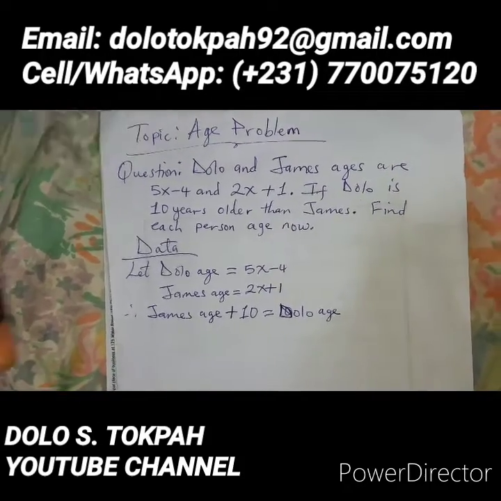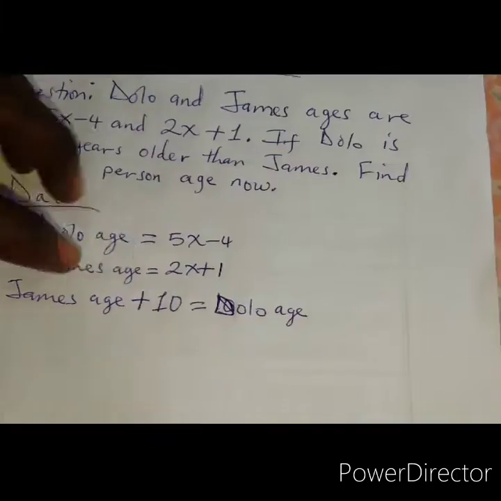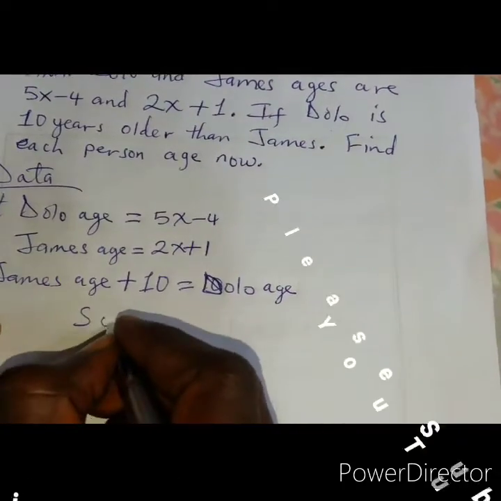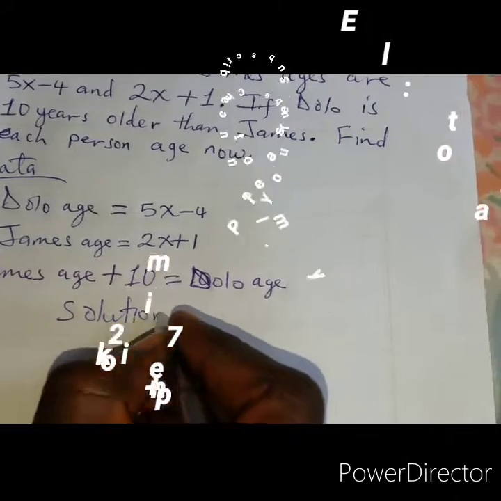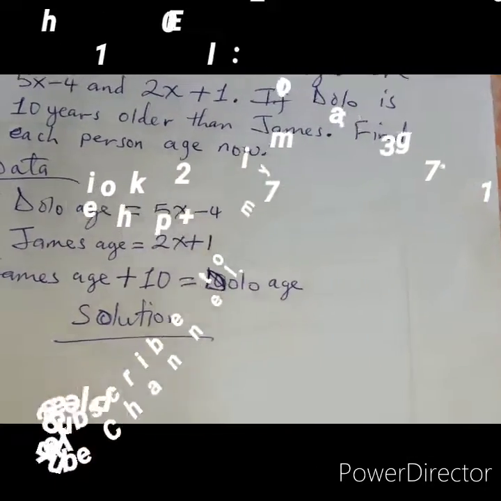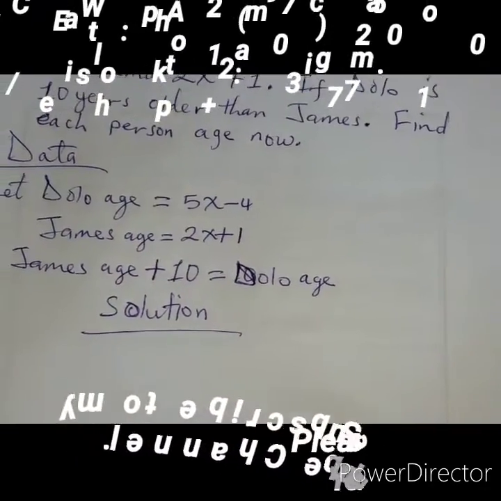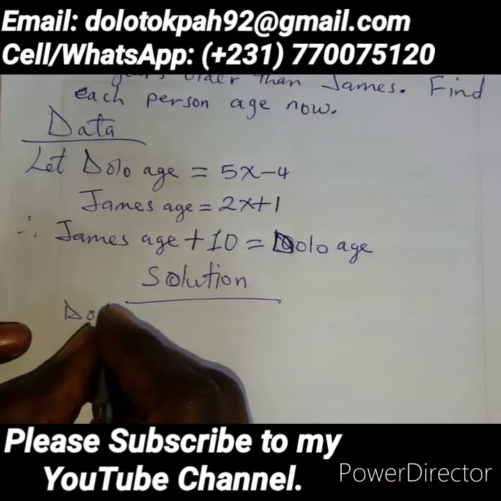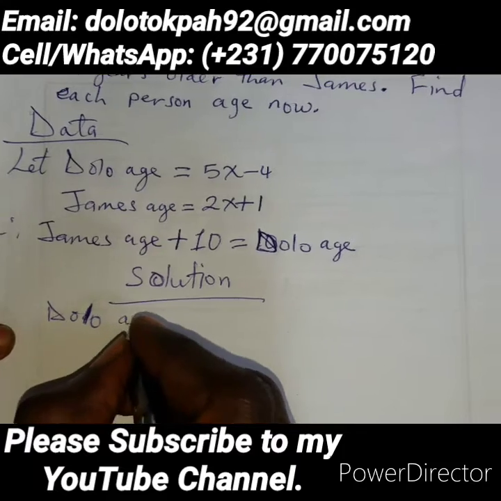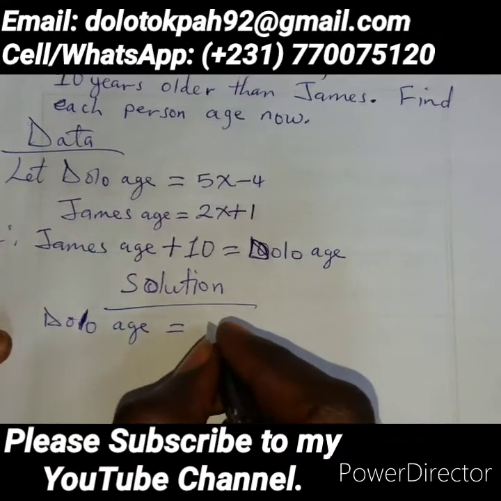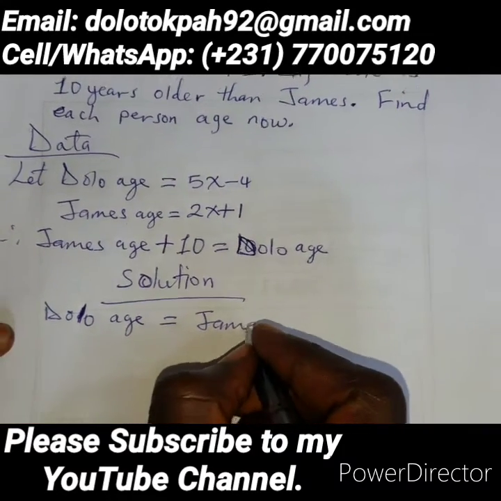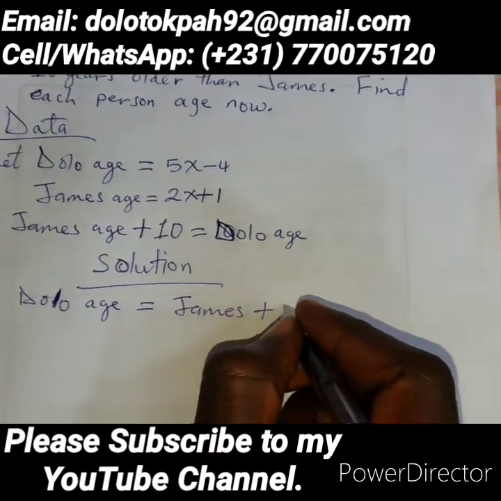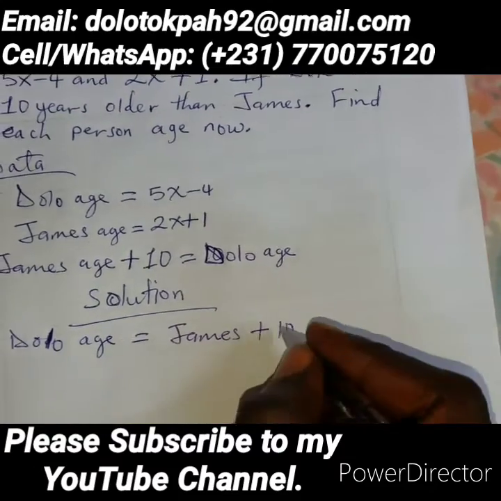So we are about to solve this problem. Now we say solution. Here we have already set up the problem to make it easy for us. So Dolo's age will be equal to James's age plus 10.